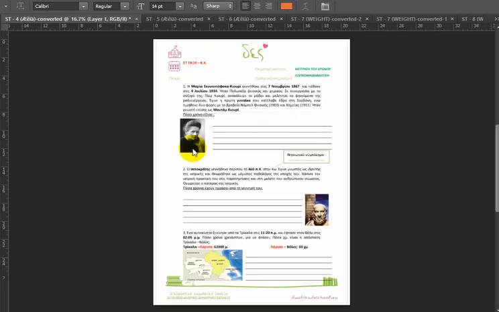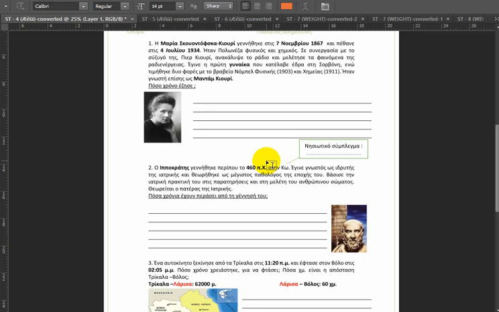Okay, so here we're starting to see some problems with time. So this one talks about Marie Curie. Yeah, you know her. We've talked about her many times at school. She was a very important scientist. And it is asking us basically how long she lived.